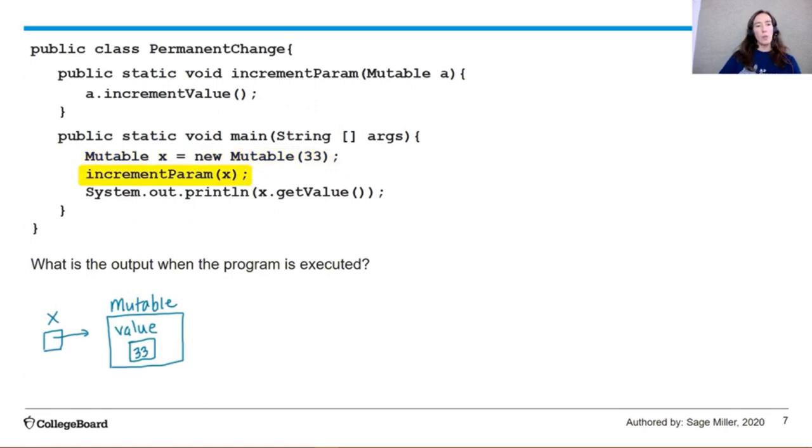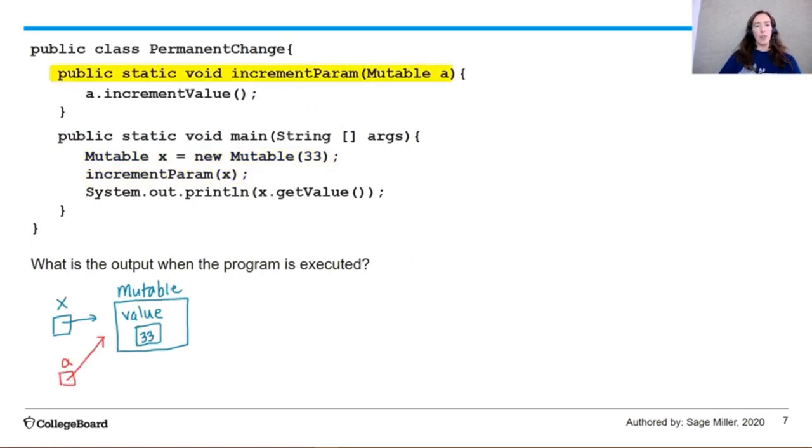Now we call increment param x. That creates a variable a. a gets whatever value was in x, but x contained a reference. So now a references that same mutable object. This is called aliasing. There's only one mutable object, and x and a both refer to it.